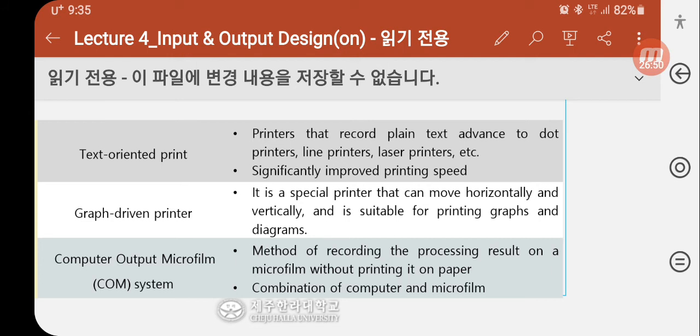It is suitable for printing graphs and diagrams. COM system is a method of recording the processing result on a microfilm without printing it on paper. This method is a combination of computer and microfilms.